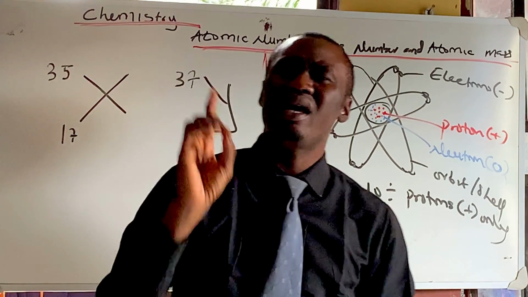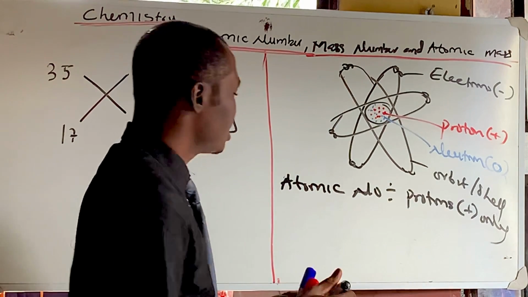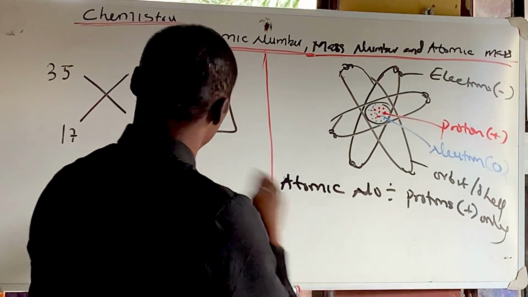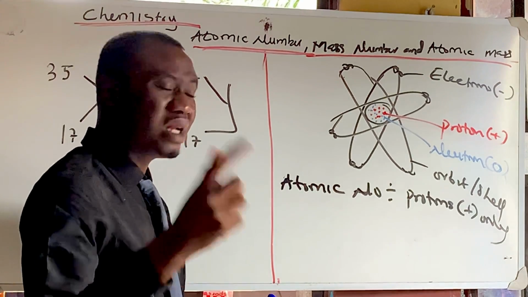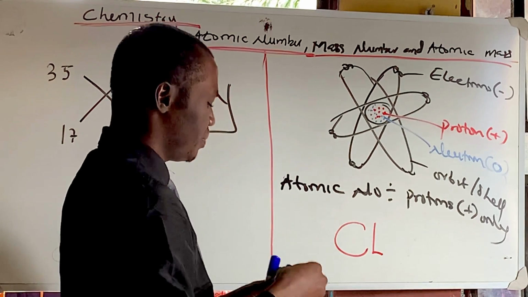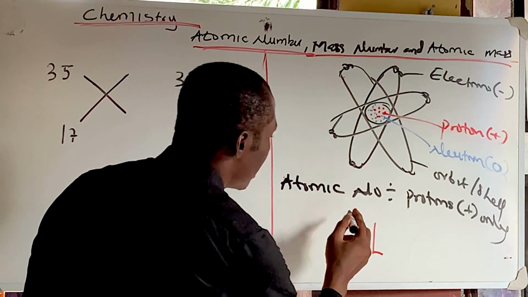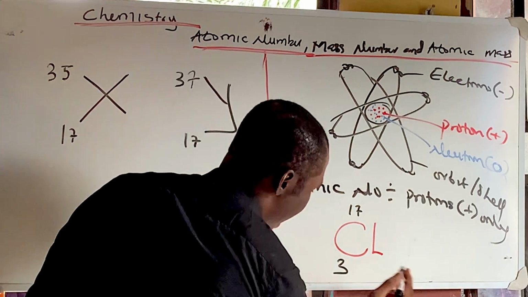Mass number is a whole number. If you look at the periodic table, you'll find that the element with atomic number 17 is chlorine, and it has a mass of about 35.45.